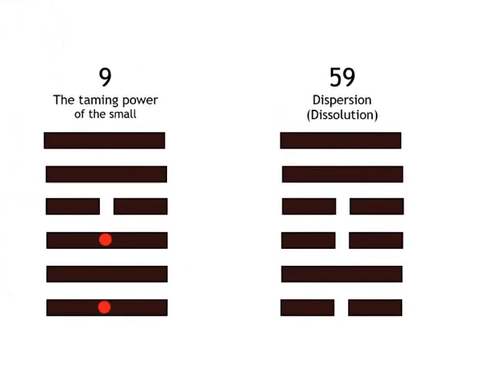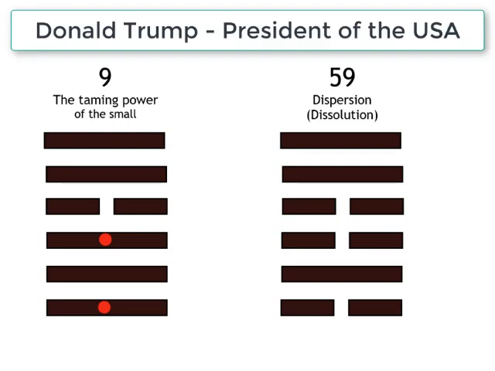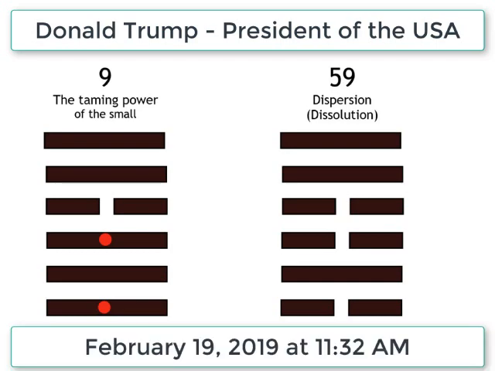Here we go. My thoughts were concentrated on Donald Trump, President of the United States of America. And I asked for those numbers on February the 19th, 2019 at 11:32 a.m.